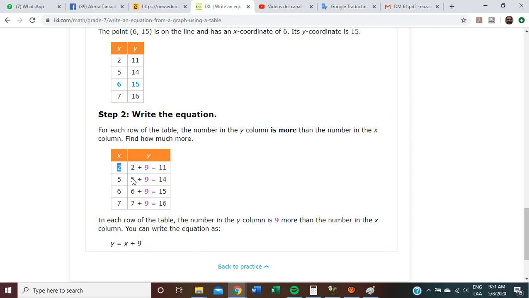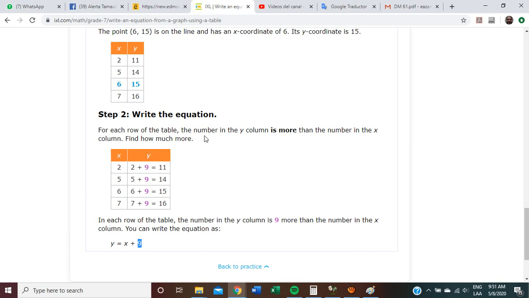So 5 plus 9 equals 14. This is our equation, but instead of writing the value of x like 2, 5, 6, or 7, we're going to write the variable x. So y equals x plus the difference between these two variables.